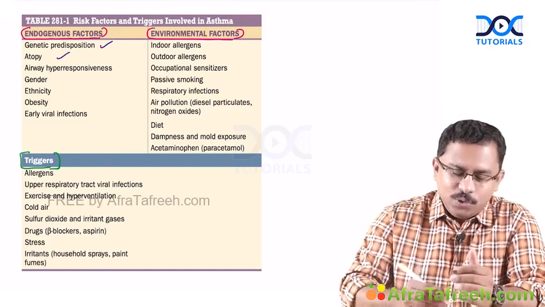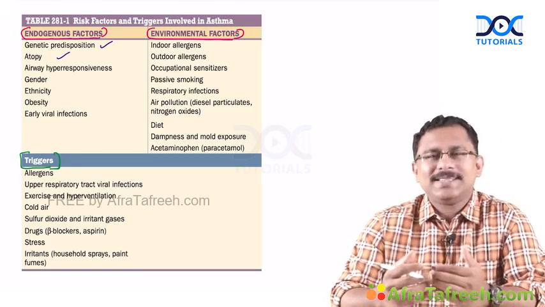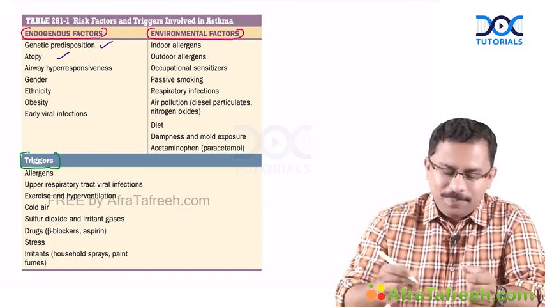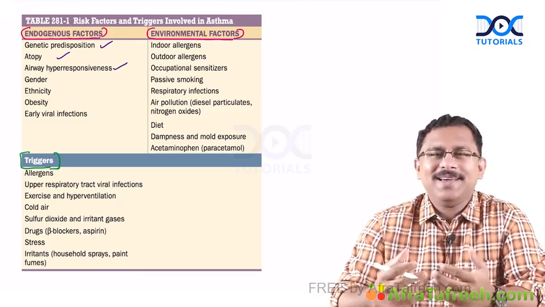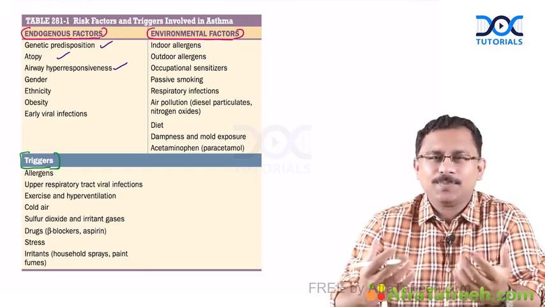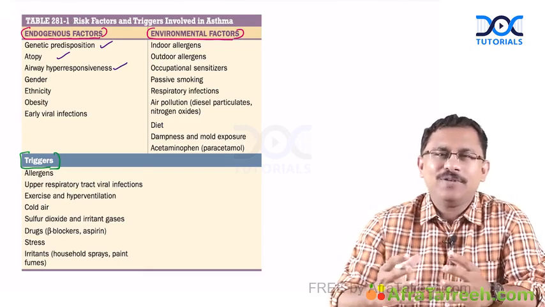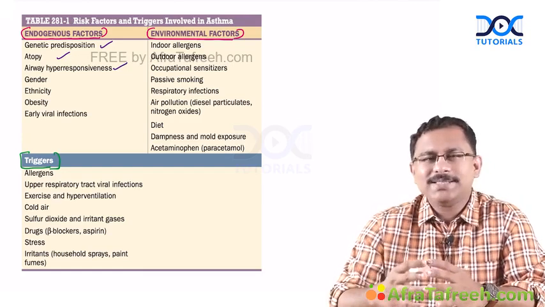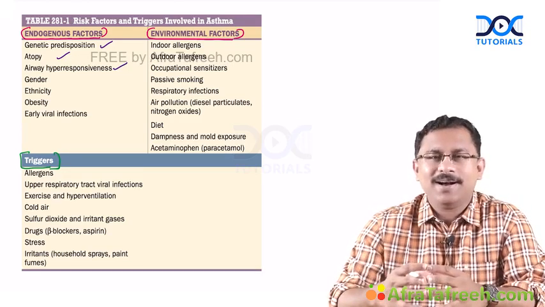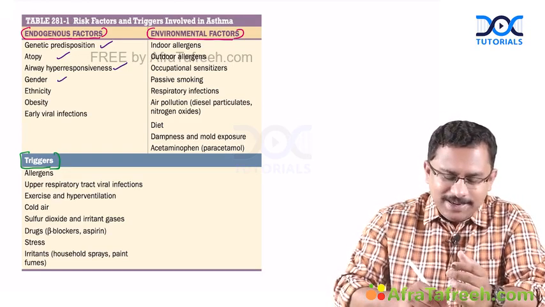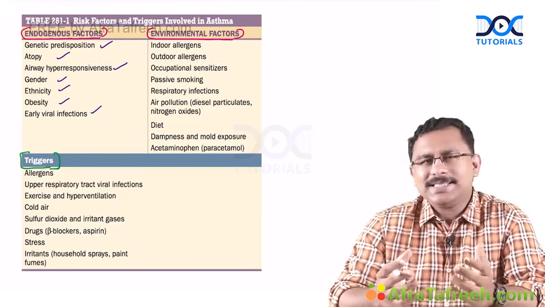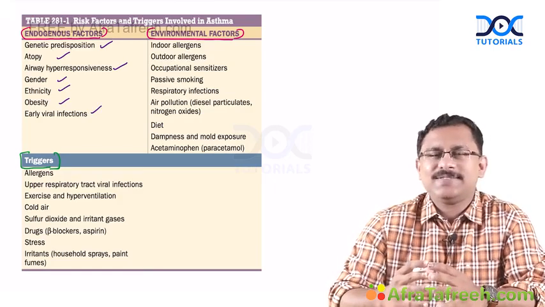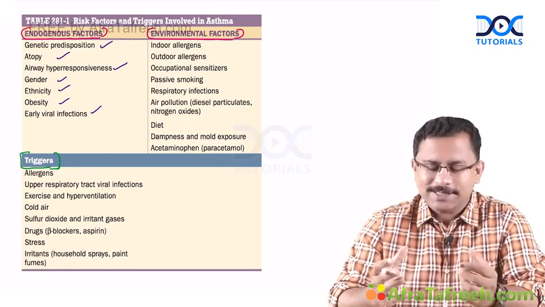Those with atopic tendencies are at increased risk for developing asthma, and some individuals will have an endogenous airway hyperresponsiveness due to some unknown factors. For them also there is an increased likelihood of developing asthma. Gender, ethnicity, obesity and certain viral infections are also postulated endogenous factors for the development of asthma.